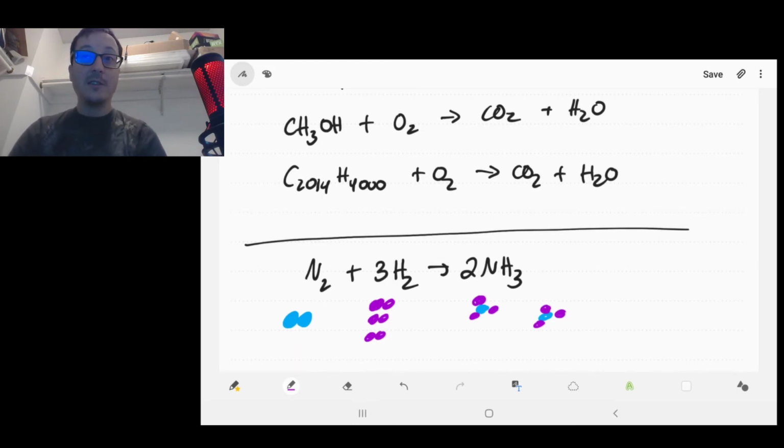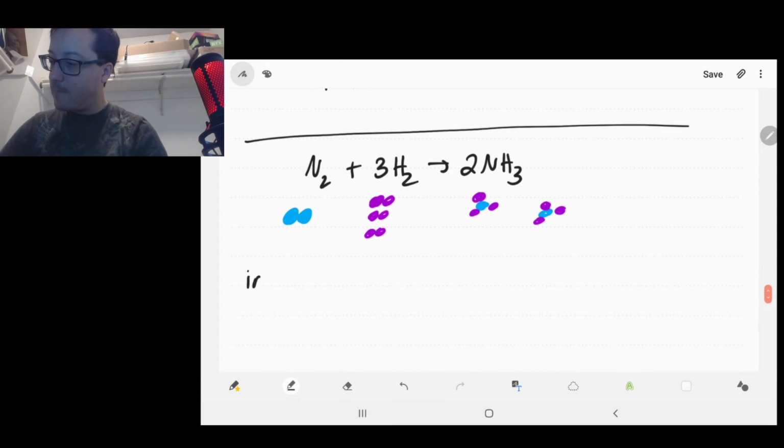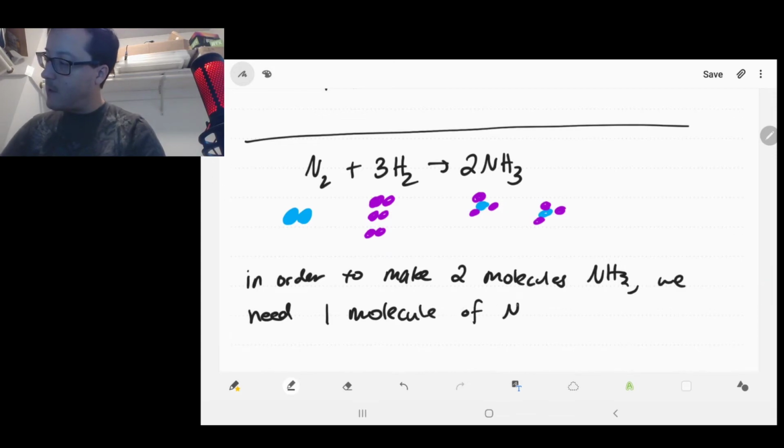And so that's what it looks like. So this recipe tells us that in order to make 2 molecules of ammonia, we need 1 molecule of N2 and 3 molecules of H2. It's a recipe.